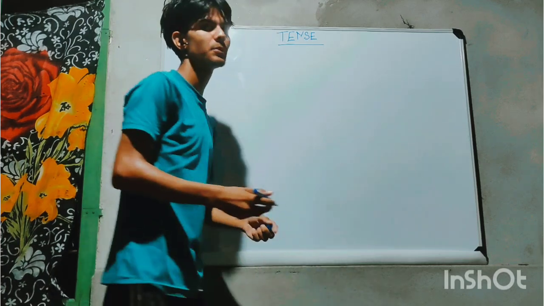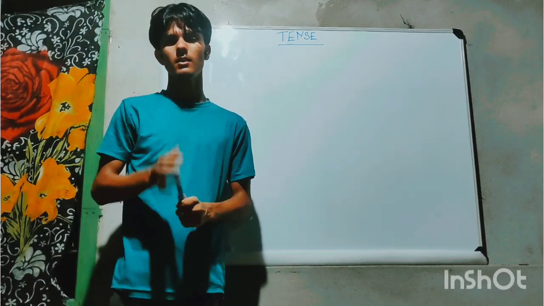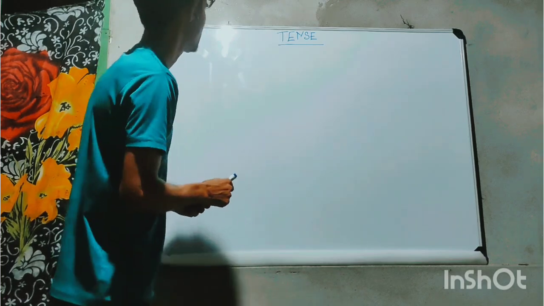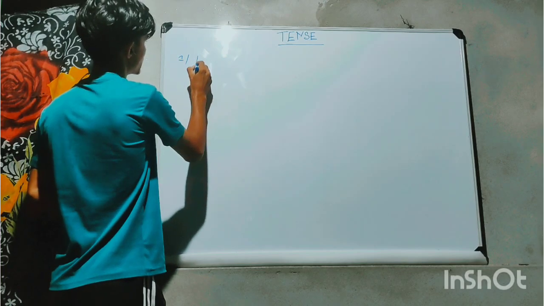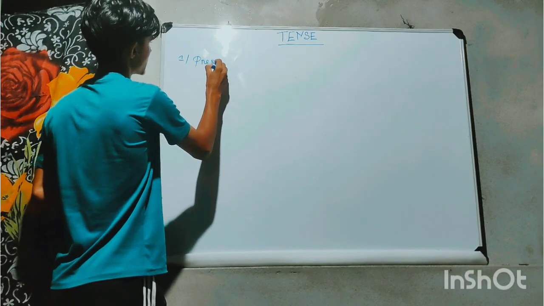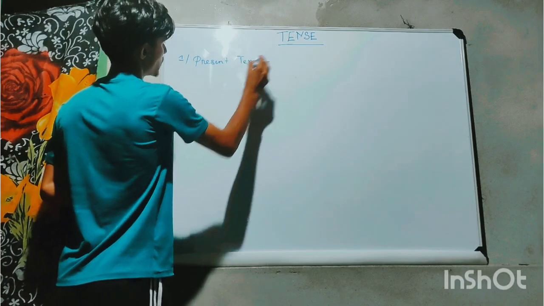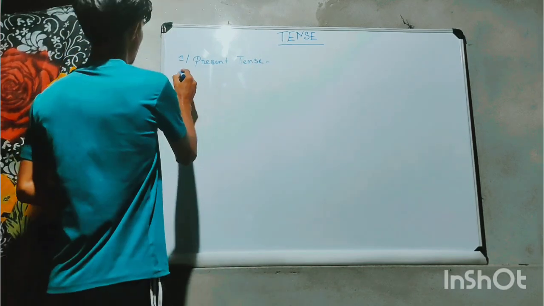First of all, we have to know what we mean by tense. A tense is a word that explains times. There are three types of tense in English grammar. First, present tense, which is also known as Vartaman Kal.